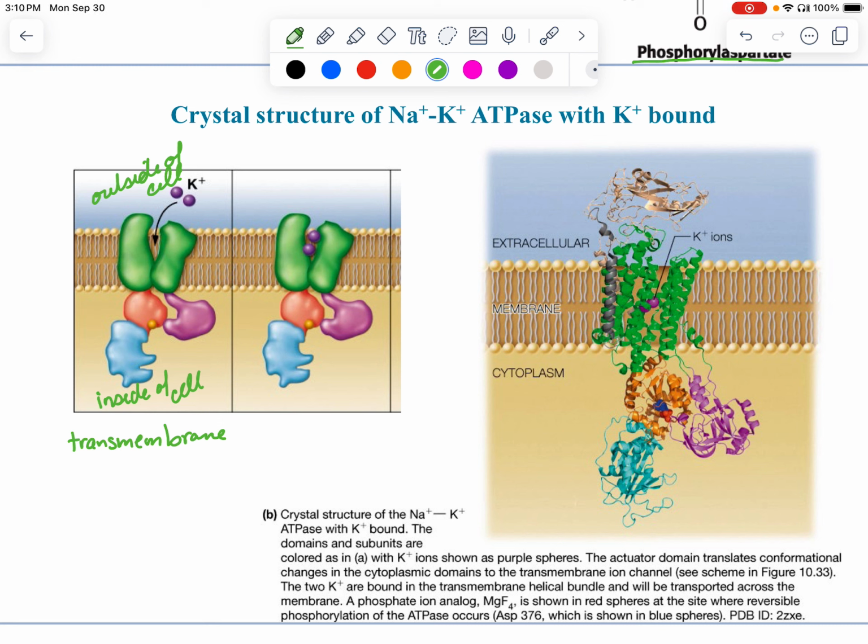If we look over onto the right, and let me point out on this blue piece right here, somewhere on that blue piece is the ATP binding site. It's going to turn out that that binding is going to cause a conformational change that then allows these sodiums or potassiums to move in and out.